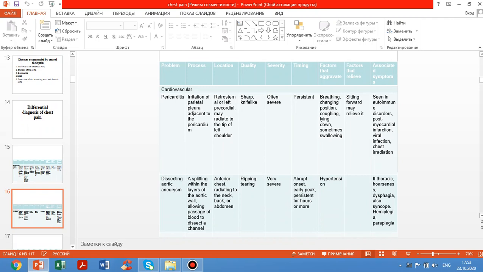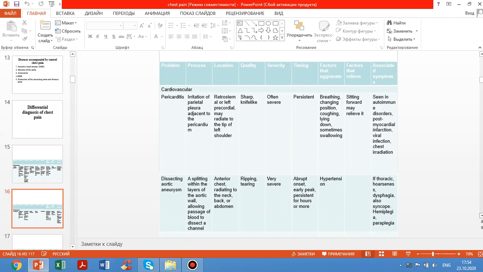Pericarditis. The process is irritation of the parietal pleura adjacent to the pericardium. Location is retrosternal or left precordial, may radiate to the tip of the left shoulder. Quality is sharp, knife-like. Severity is often severe. Timing is persistent.